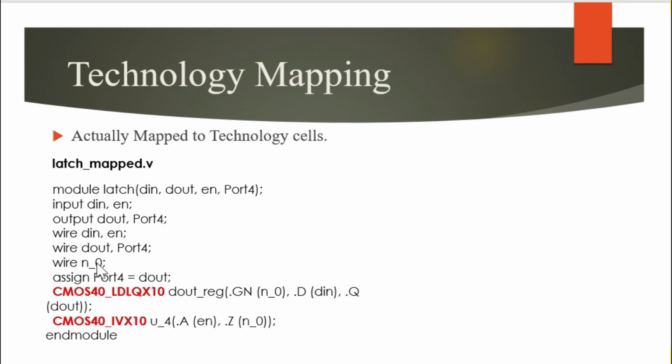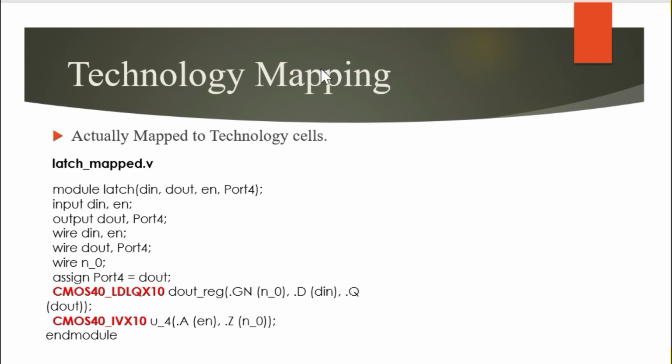So what are these technology cells? Let's try to understand this with an example. Let's say you want your chip to be fabricated at some XYZ corporation, and that XYZ corporation has a CMOS 40 nanometer technology. What does it mean? It means that all the cells of your chip will be from CMOS technology and will have 40 nanometer gate length.